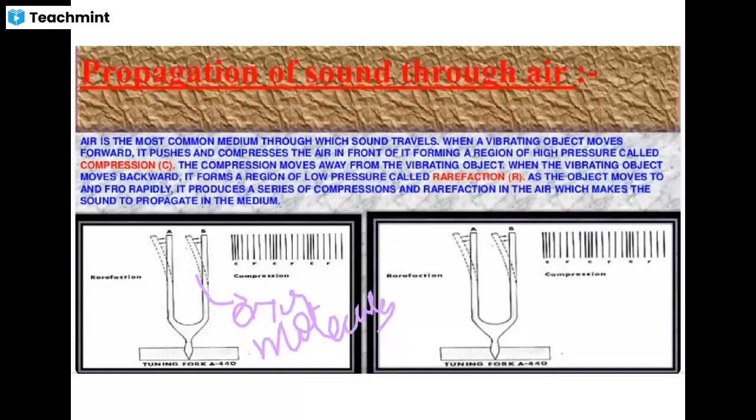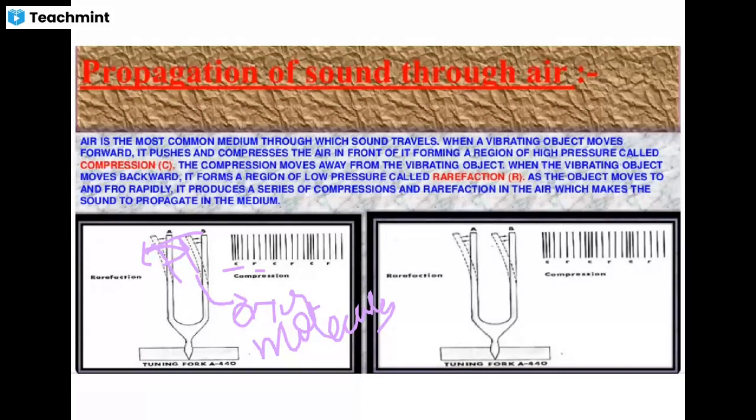When the prongs move in the forward direction, you get compressions. And when the prongs move in the backward direction, the pressure will decrease and you get rarefactions. So compressions and rarefactions you get because of the vibrations produced.